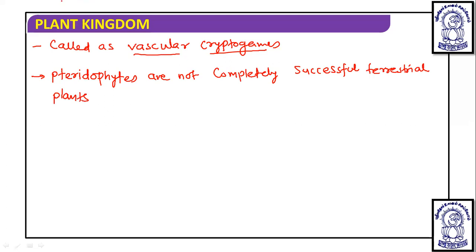Because if we see, they still need water for fertilization. They need water for fertilization. So because of this, they are not completely successful terrestrial plants. Okay.